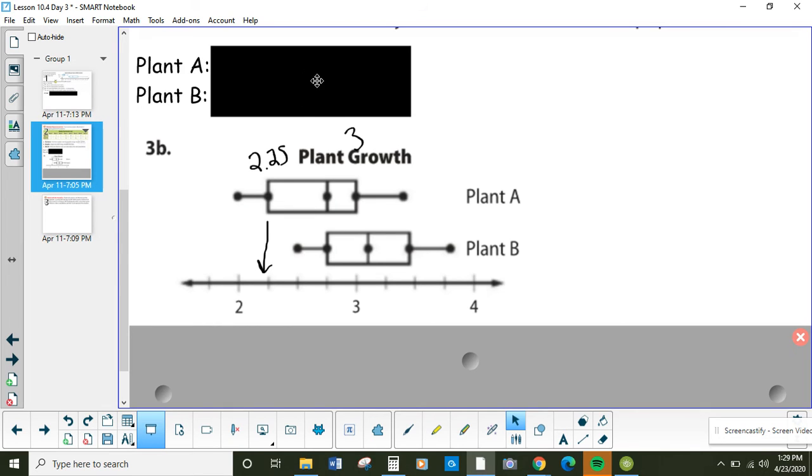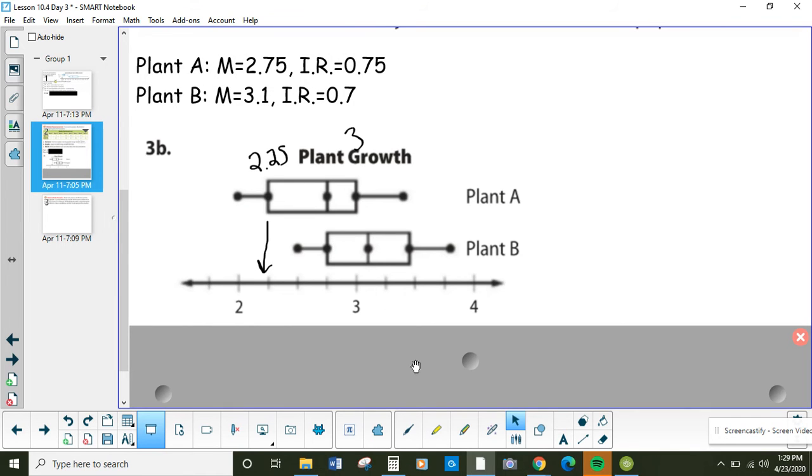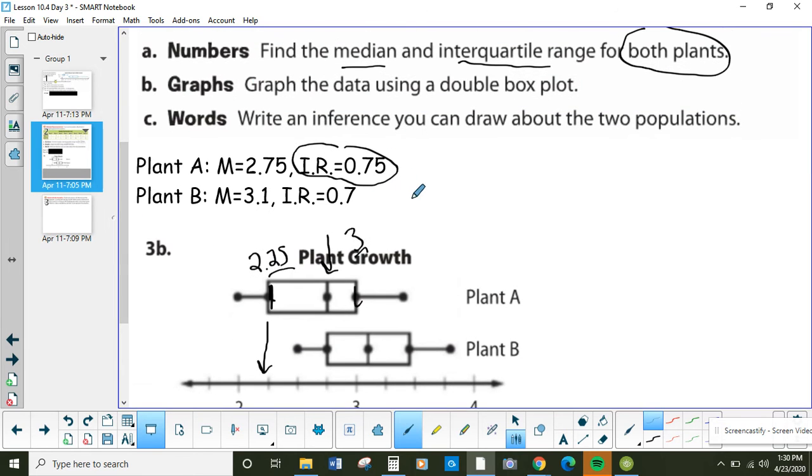So 3 take away 2.25, you get an interquartile range of 0.75. These two right here we subtract to get the interquartile range. And then the median, of course, is the number right in the middle. Remember, we counted in the middle and got those two numbers and took the average of those two? So that's how I get the answer for a question like that. I just use the graph. Okay.